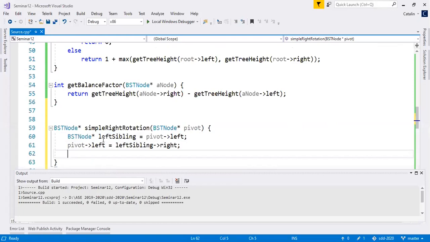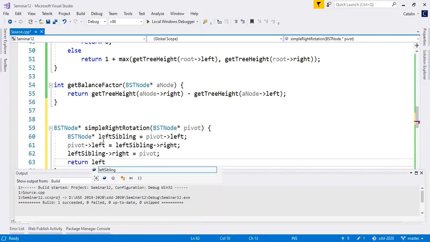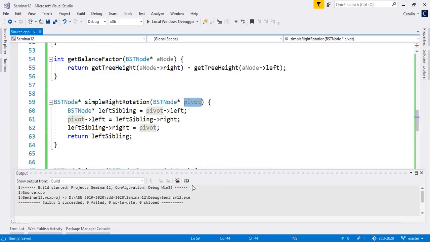And now the left sibling right becomes the pivot. Okay, return left sibling, because this will take place of the initial pivot. So this is a simple right rotation, and the other one will go in mirror.